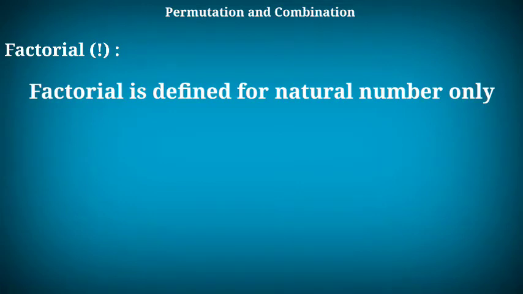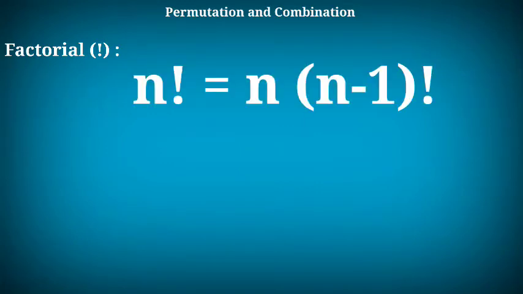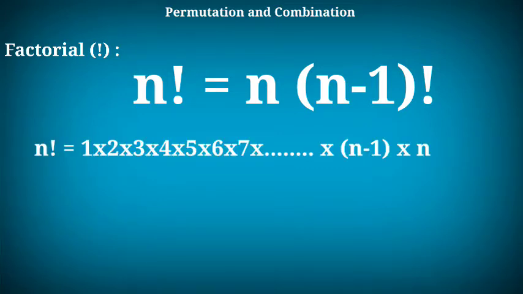But as the chapter proceeds to the middle, we will have a requirement of 0 factorial. So, the value of this 0 factorial is predefined as 1. Now, let's see a deduction that n factorial is equal to n into n minus 1 factorial. The deduction is very simple, as the definition of n factorial says the product of first n natural numbers.